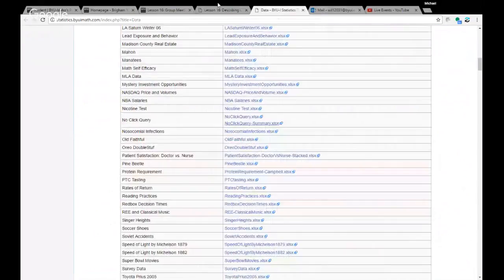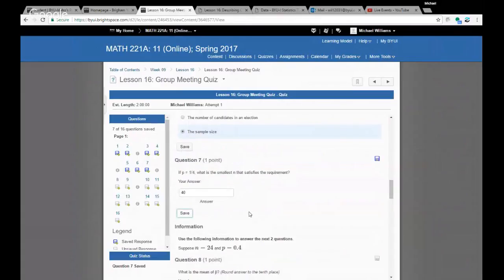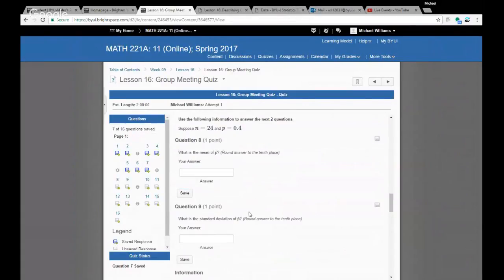If I understand correctly, we round the answer to the tenth place. Well, then we have a problem, because that comes to 0.016. Are we sure we're all right on that?